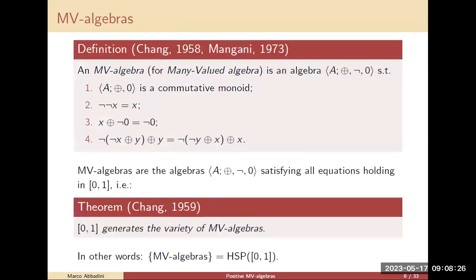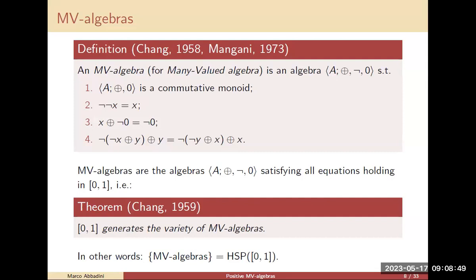And MV-algebras, well, are the algebras in the variety generated by [0,1], but the official definition just takes a finite list of equations. So an MV-algebra is an algebra with the signature plus, not, 0 that satisfies these equations.